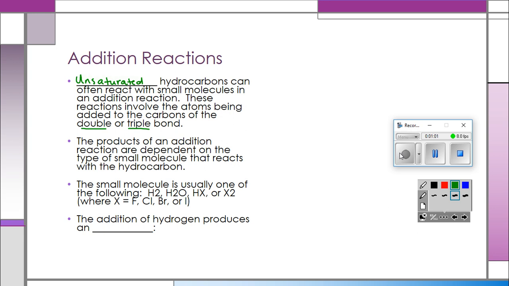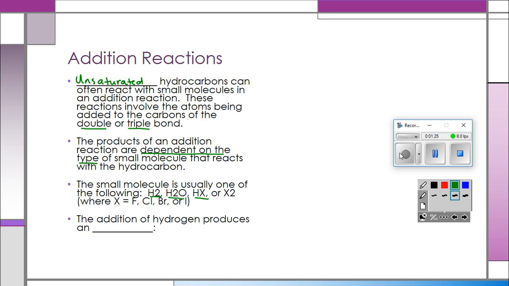Now, what are the products of an addition reaction? It's dependent on the type. So there's more than one possible outcome of an addition reaction, and I'll show you a few of the most basic outcomes. What kind of small molecule can it be? Well, it's typically hydrogen, water, some sort of compound with a halogen in it.